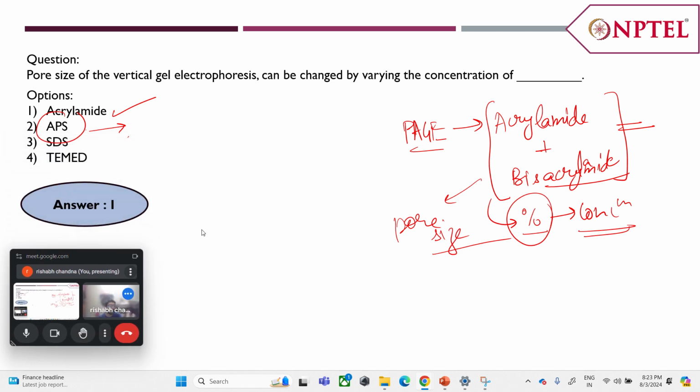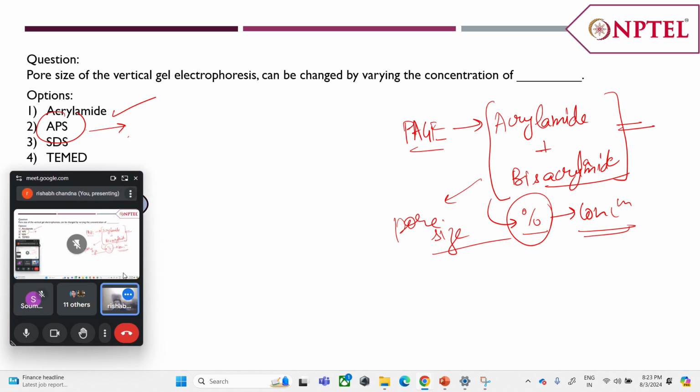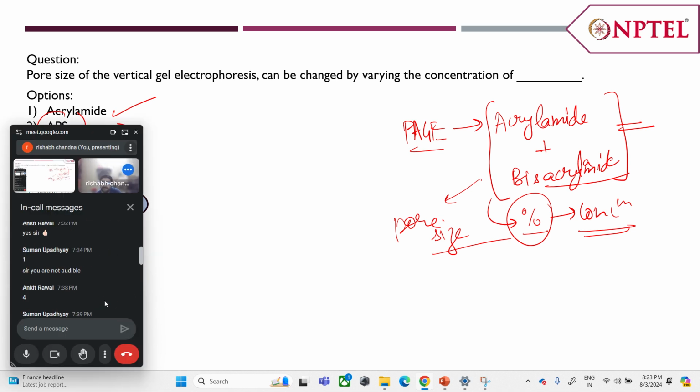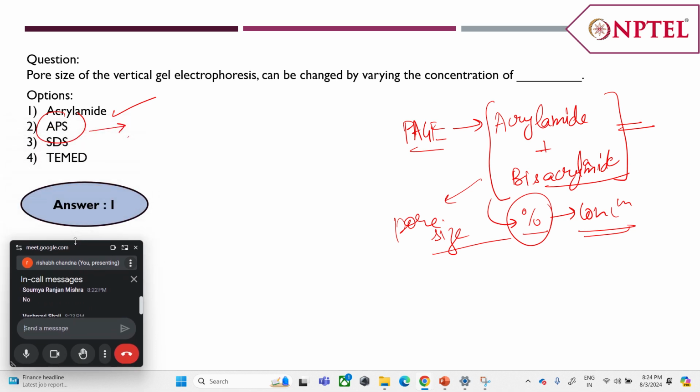So yes, the correct answer is no only. So what happens? It will not affect the pore size at all.